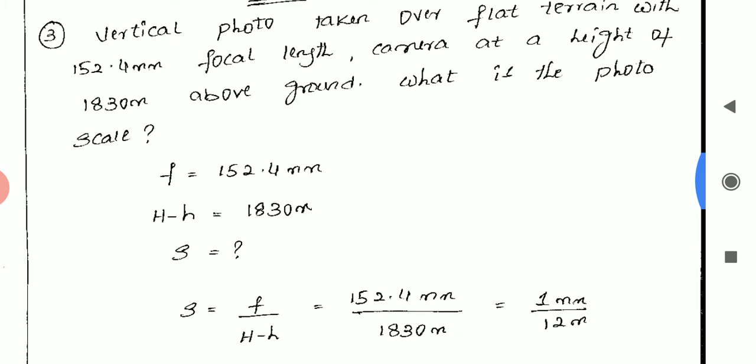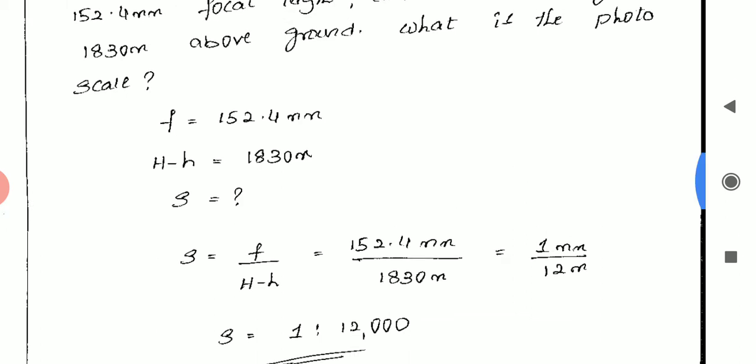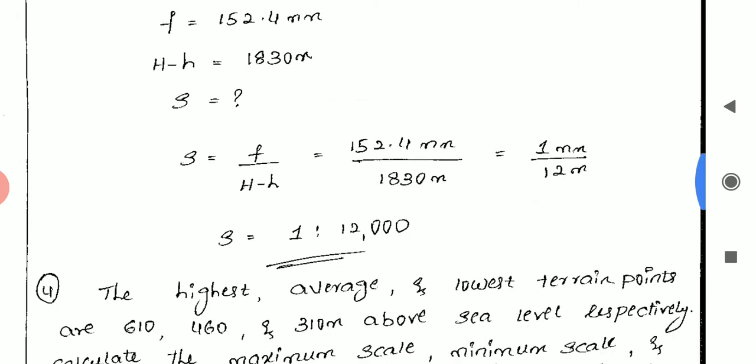So that is nothing but capital H minus small h. Please go through the vertical photograph derivation. Okay, all the data mentioned is explained briefly. Please go through it, and then only you will easily get everything. Okay, see here, f divided by capital H minus small h in this case. So by using this formula we will get the scale.